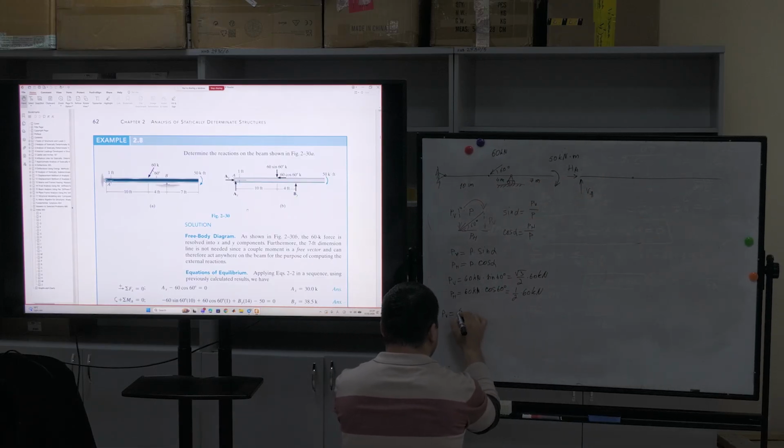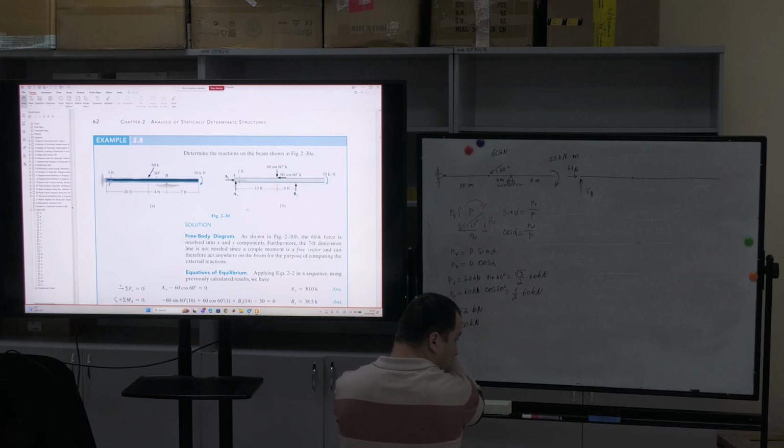PV is equal to 52 kilonewtons. PH is equal to 30 kilonewtons. We have identified both forces.